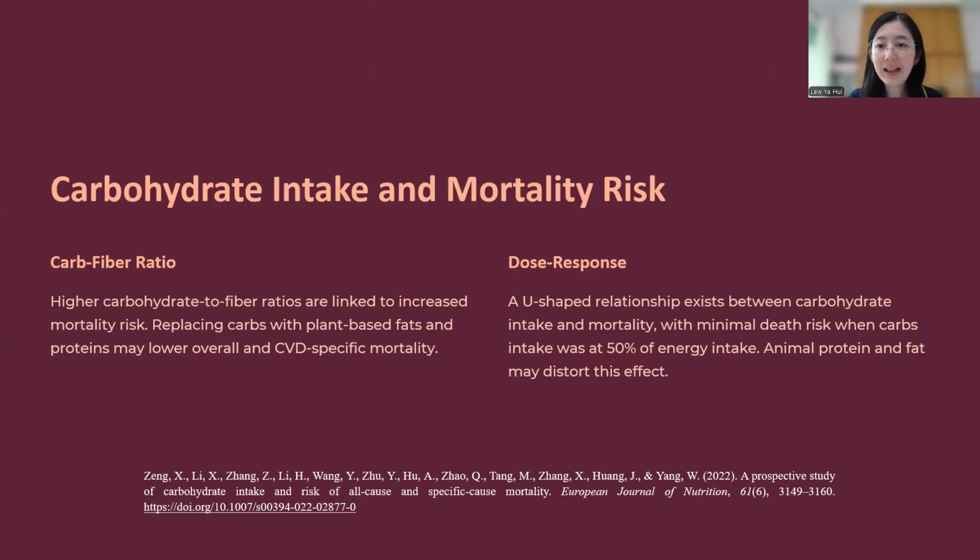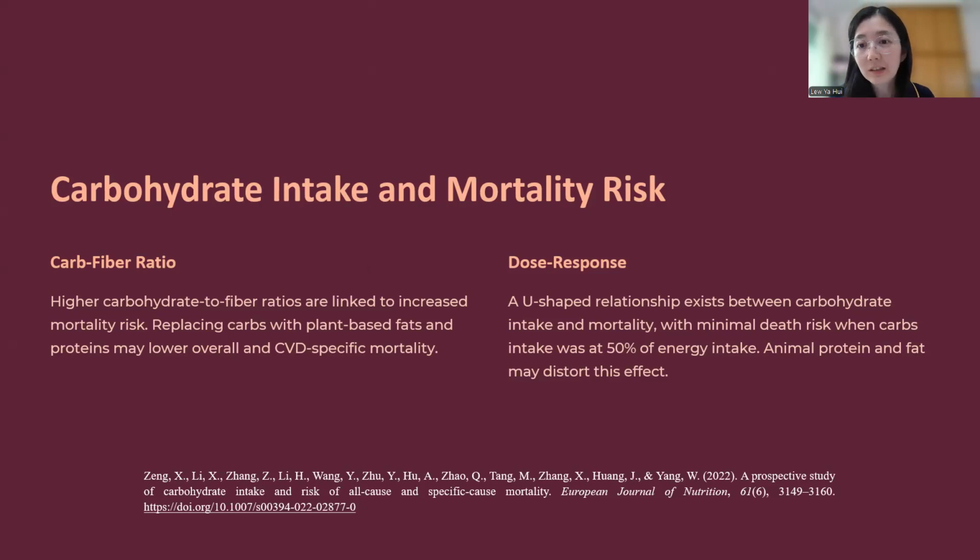But if you replace the refined, unrefined, or not-good carbs with fats and protein from plant sources, it is linked to lower risk of death overall and from heart diseases. But if you replace with animal-based fats and protein, that did not show the same benefit.